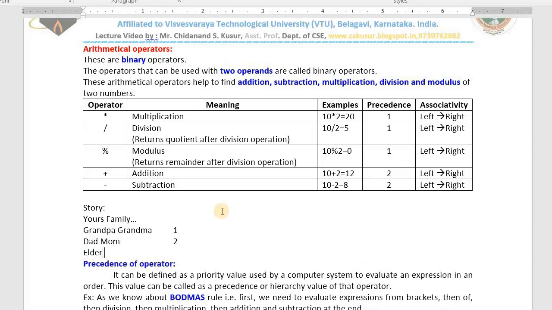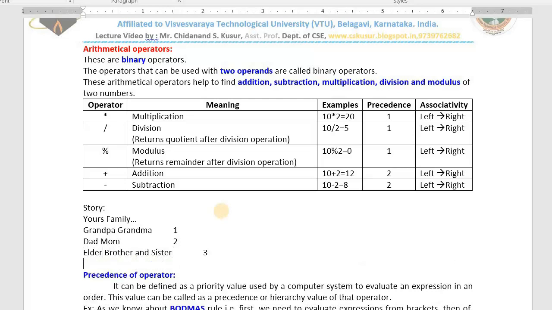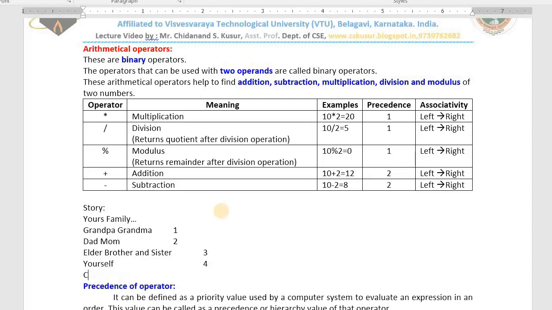Then elder brother and sister, their precedence is 3. Then yourself, and your priority is 4. And one more, Chotu is present, and Chotu's priority is 5. This is what we call priority, hierarchy.